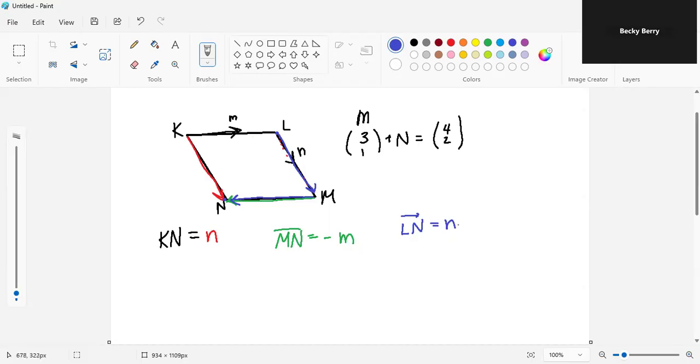So a negative m. What about M to K? We could go backwards along vector n and backwards along vector m. So MK is going to be a negative n minus an m.